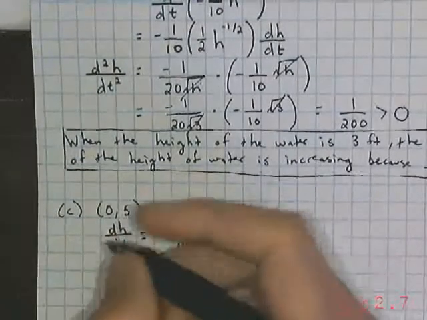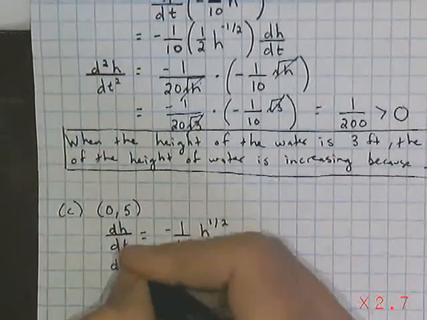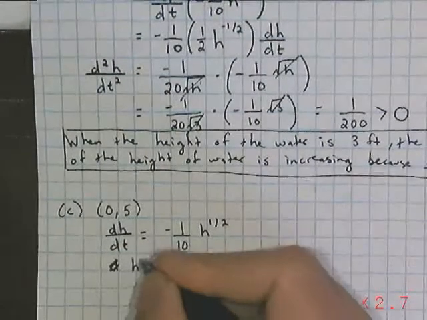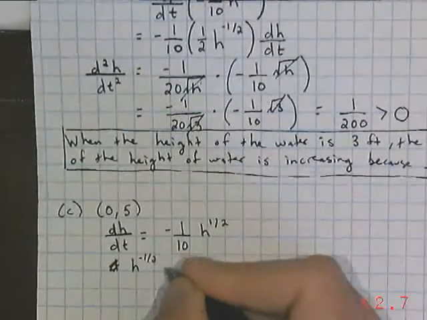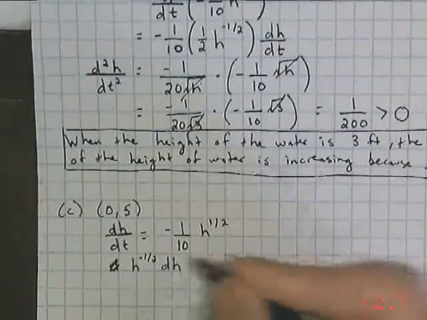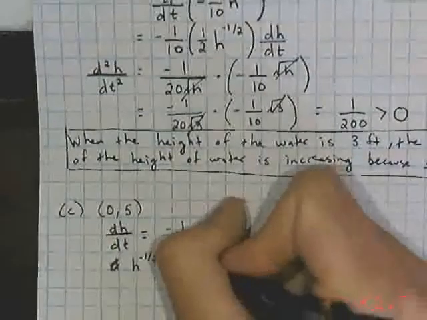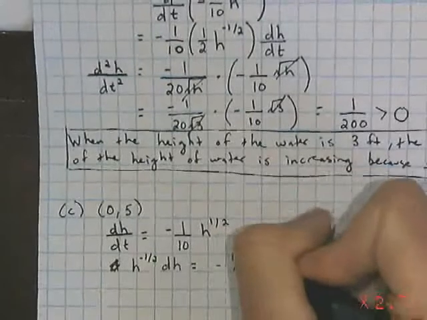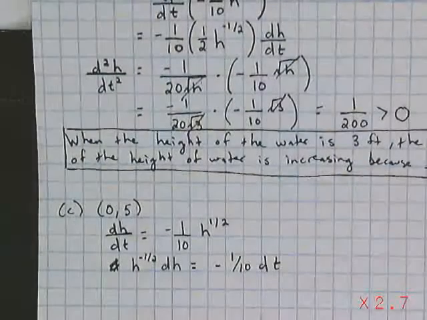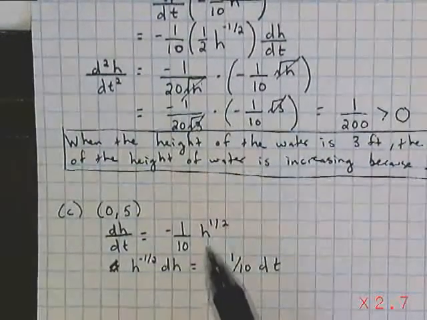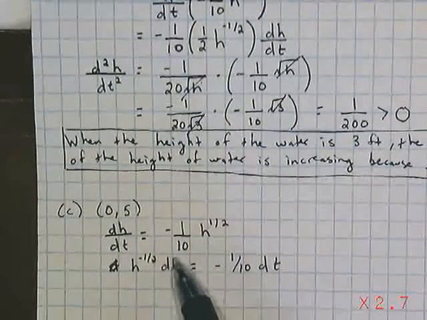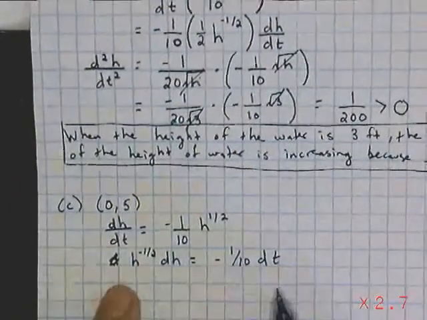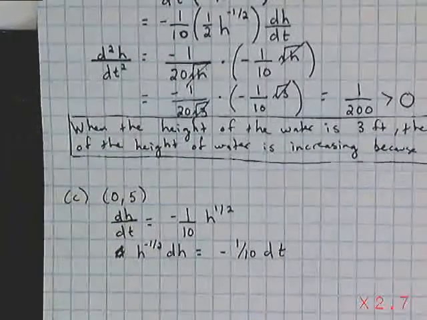And so we will have h to the negative 1/2 dh is equal to negative 1/10 dt. Divide both sides by h to the 1/2, or multiply both sides by h to the negative 1/2. And now we've separated our variables, and we can integrate on both sides.